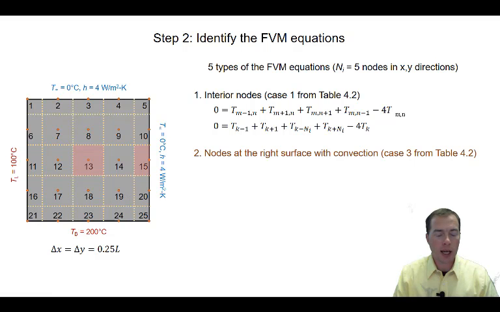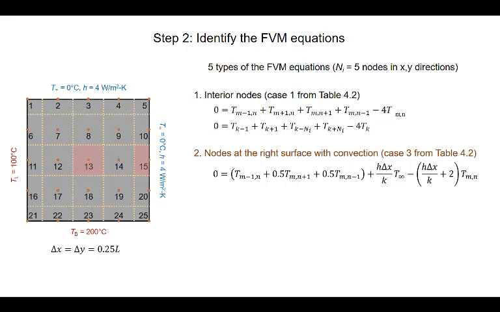The other type of finite volume equation is for the nodes at the right surface with convection. This is case number 3 from table 4.2. There are 3 nodes with this case, 10, 15, and 20. From the table, the governing equation is given as follows.